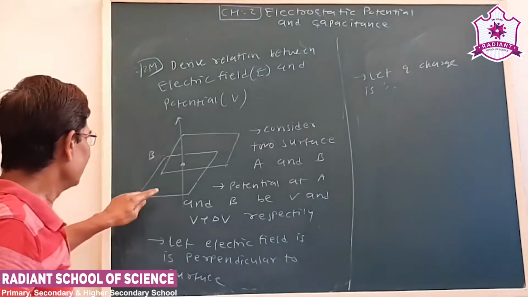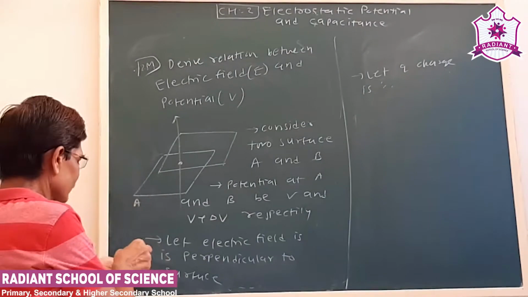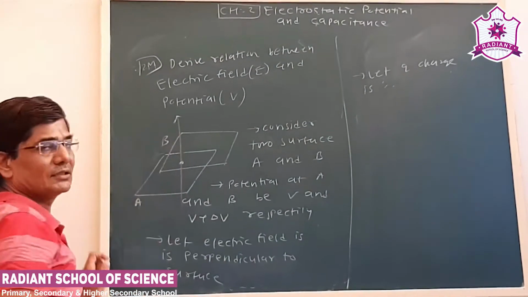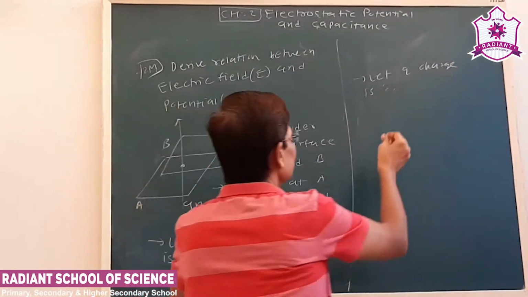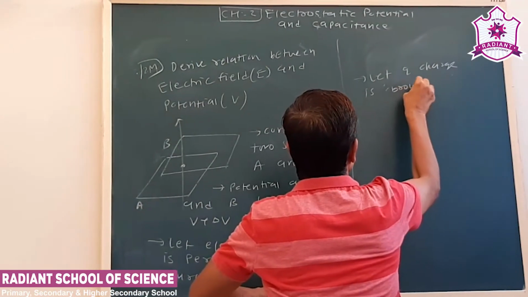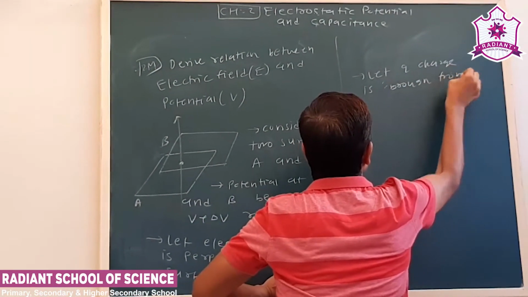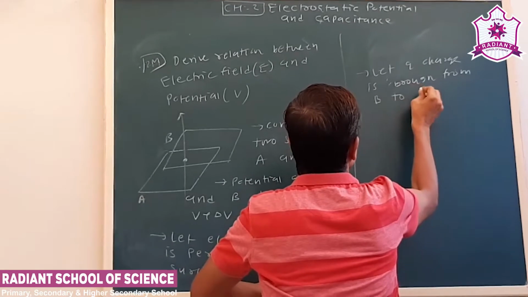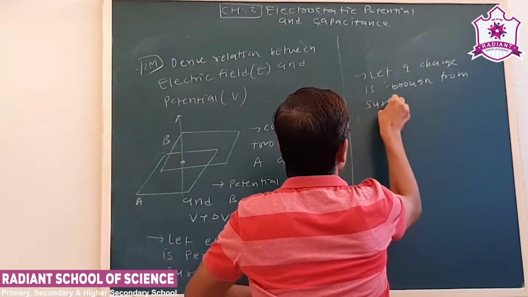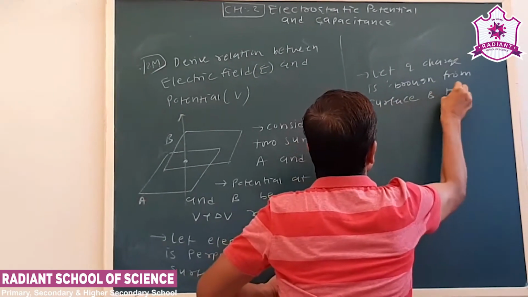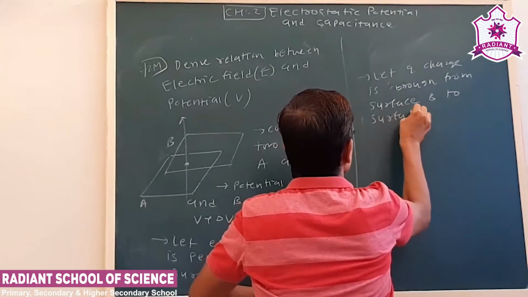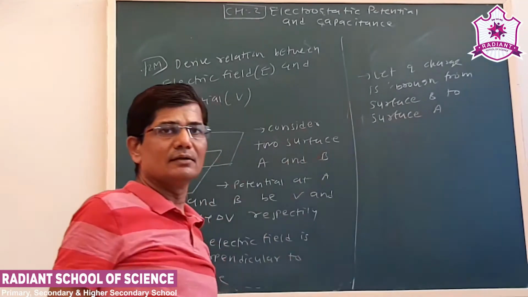Right now we consider this as surface A and this as surface B. Now let Q charge be brought from surface A to surface B. Now see the work done.